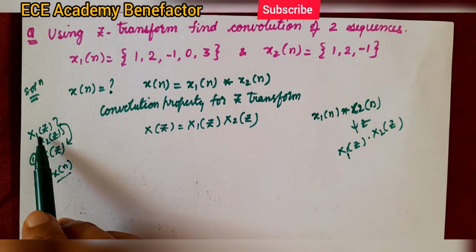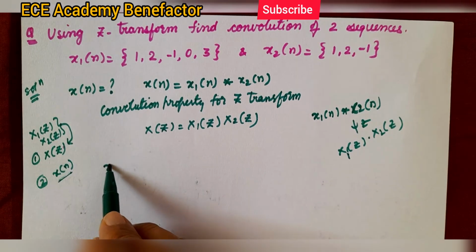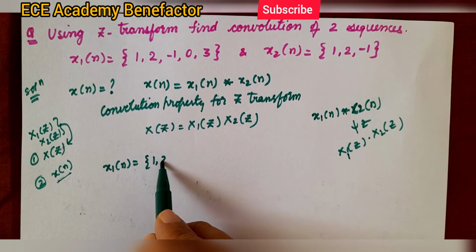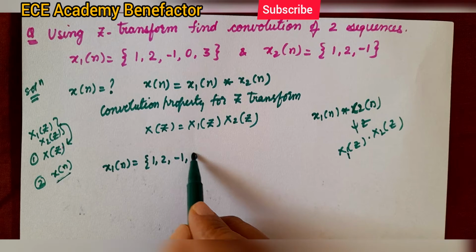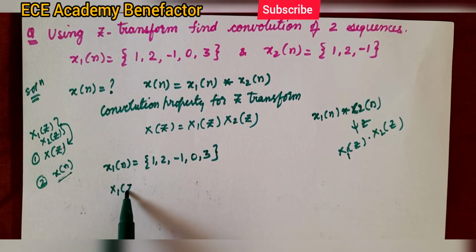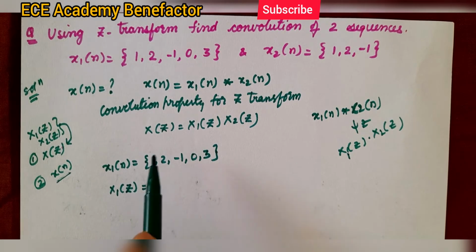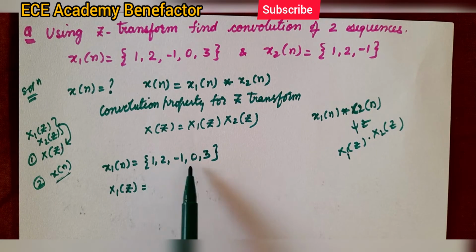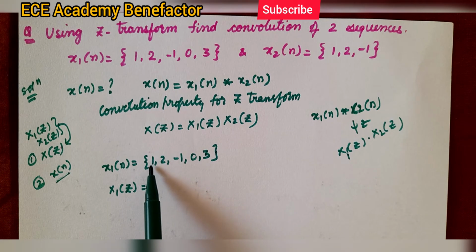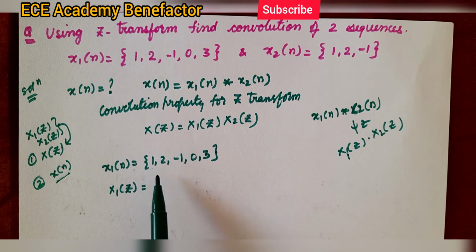First we have to find x1 of z. x1 of n is given as 1, 2, minus 1, 0, 3. So, find x1 of z. It is a causal sequence, as there is no arrow given. We take the first value at origin.